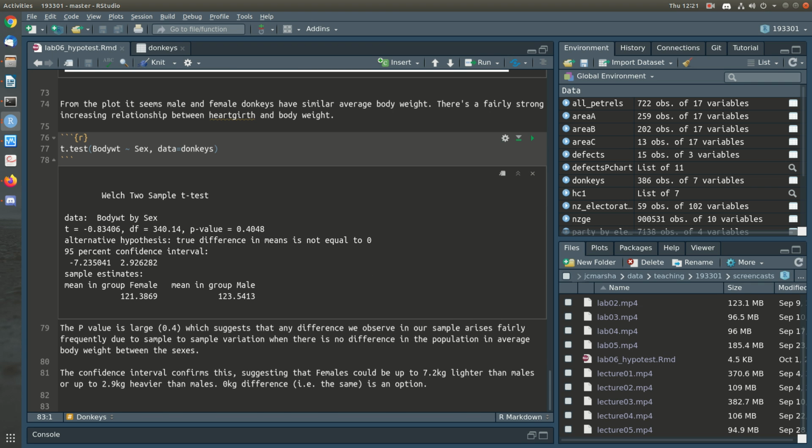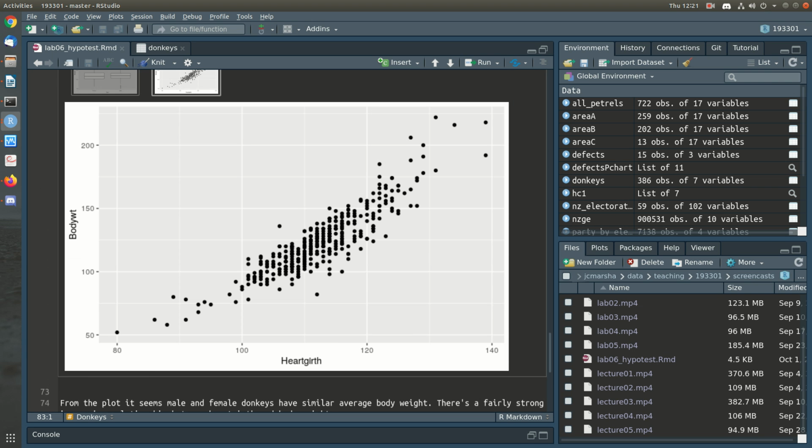So just at the end here, what we're going to do is go back and have a look at the scatter plot, and think about what would happen if there was no relationship between these variables. So clearly we see a relationship here, right? As heart girth increases, the body weight increases. If we had no relationship, then I think what we'd expect is that the body weight wouldn't change when heart girth changed.